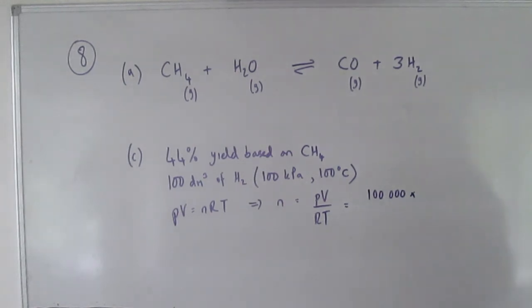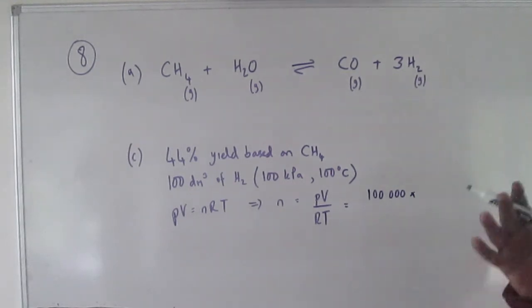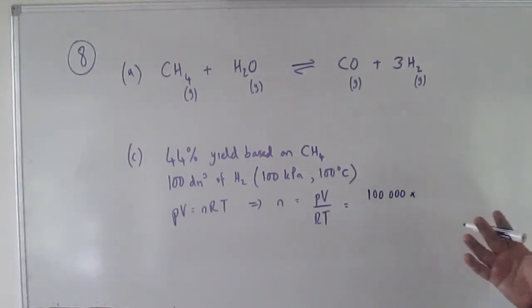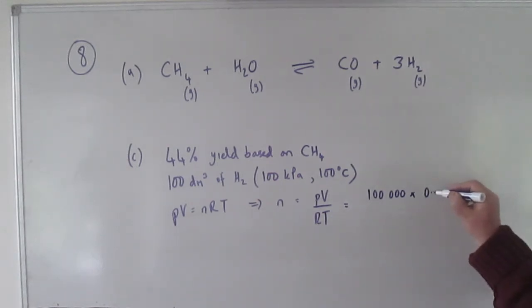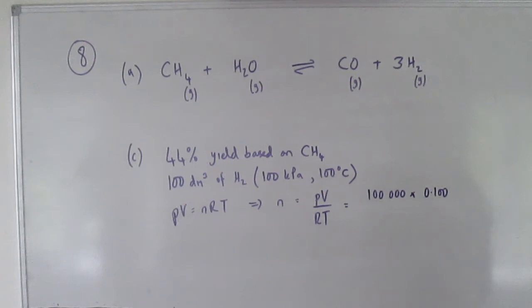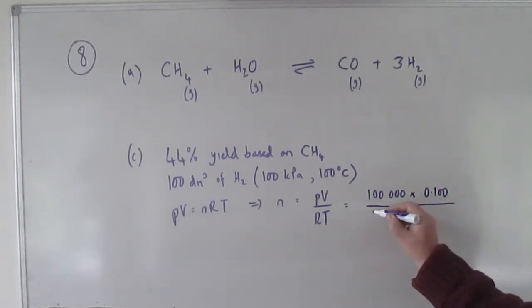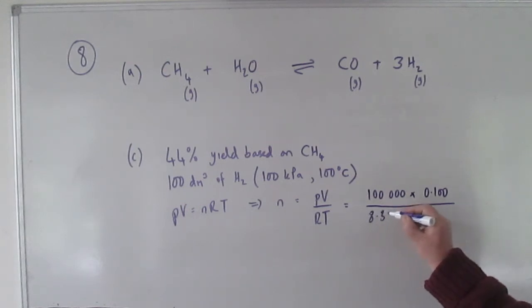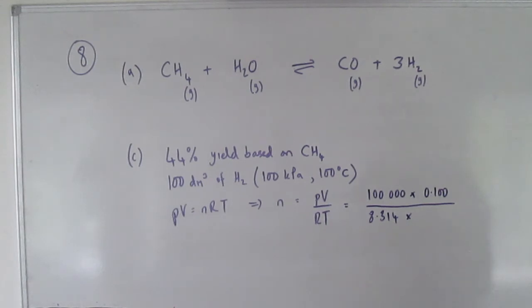times the volume. And the volume is in meters cubed, which is the slightly strange unit that we use for volume when we use this equation. So 100 dm cubed, remember there are 1,000 dm cubed in a cubic meter. So 100 dm cubed is 0.1 cubic meter, divided by R, which comes from your data sheet, is 8.314, and the temperature, remember, has to be in Kelvin.